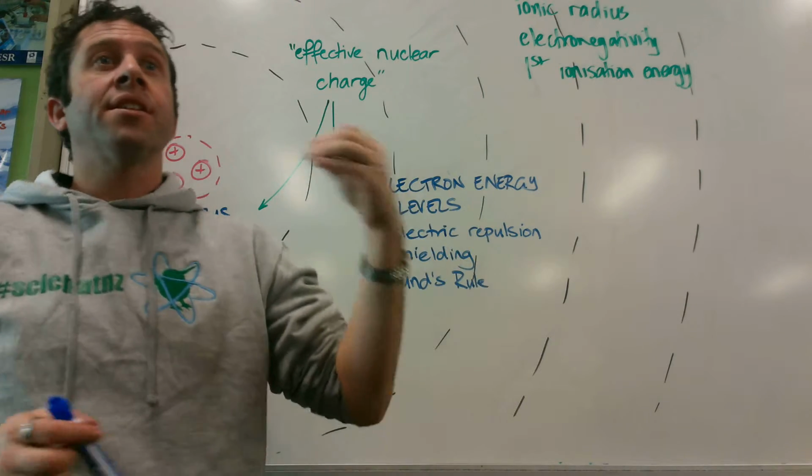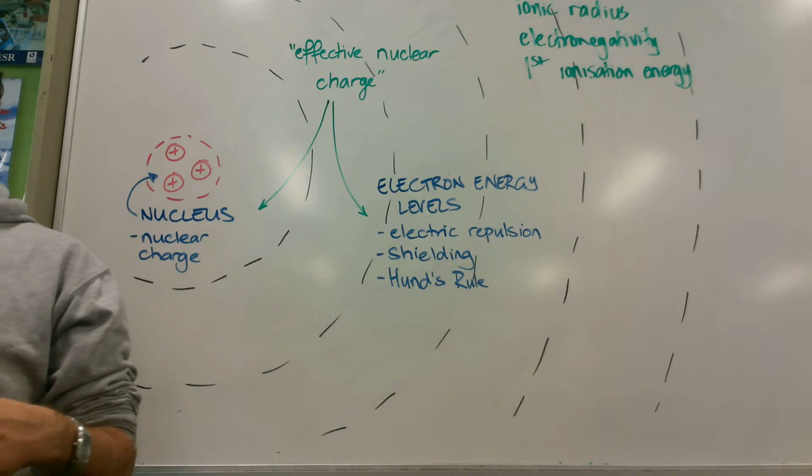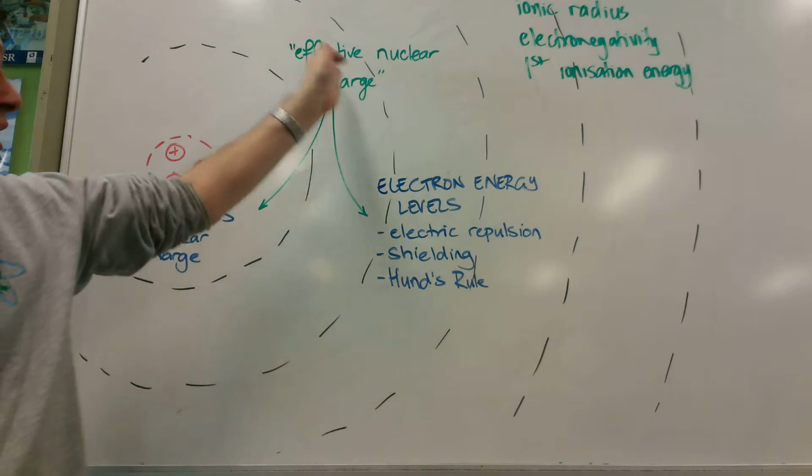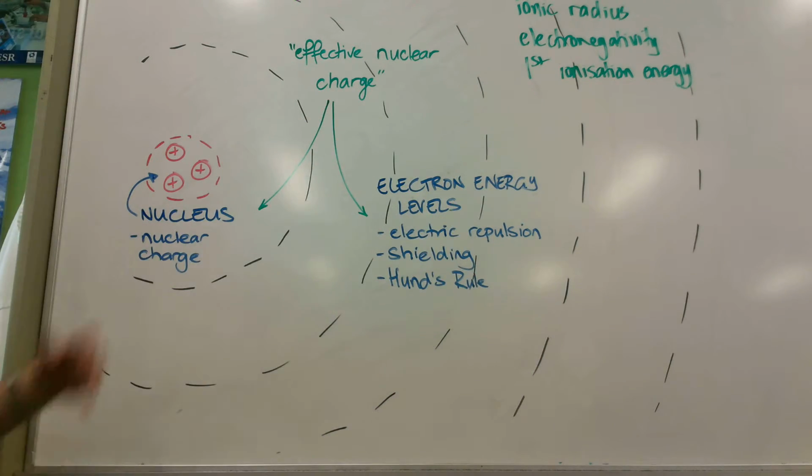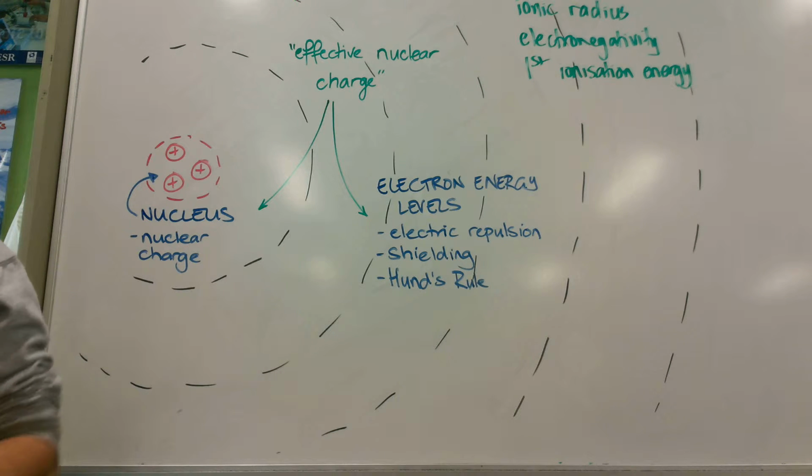The effect of the nuclear charge is being decreased because of the shielding of the lower energy levels. Okay, so we need to consider both of these things at once.